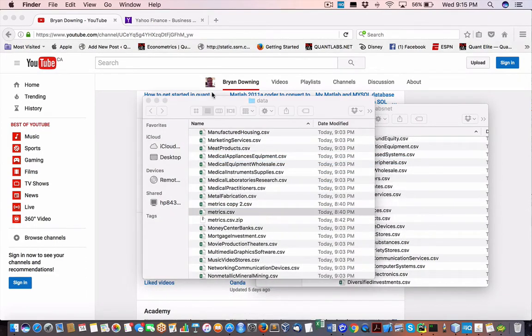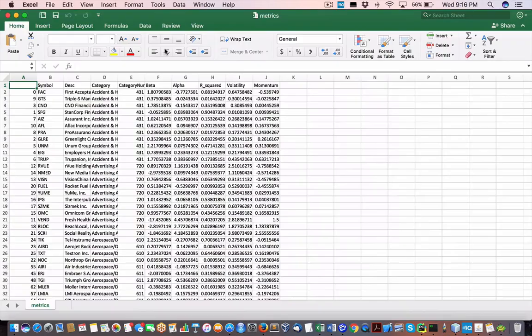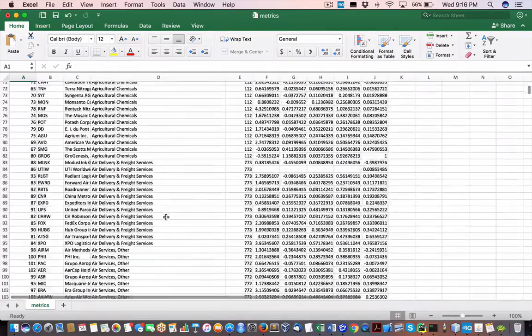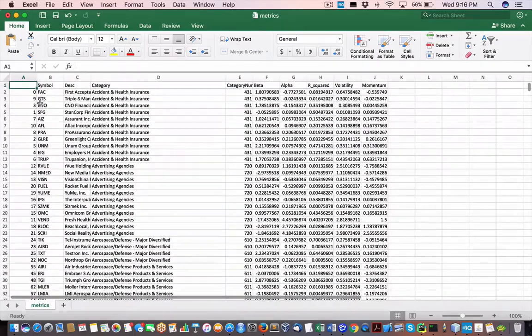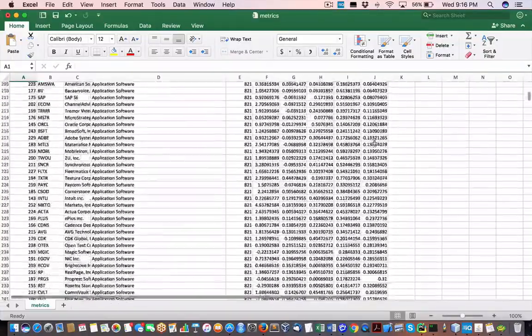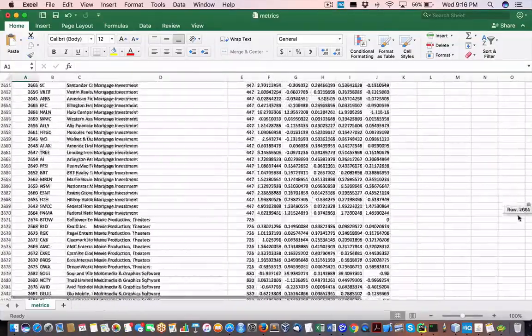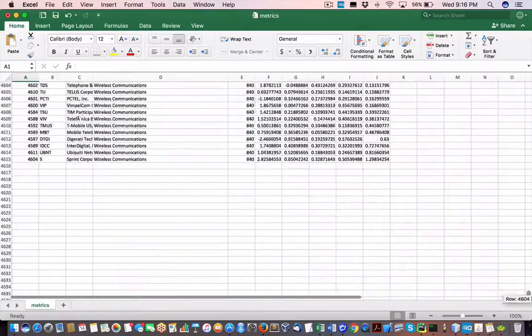So it's gone from 4,000 to over 14,000. I'm showing the same data. So here's the category, and all the way down, each of these stocks or symbols, as well as the full description I've added: the beta, alpha, R squared, volatility, and momentum for every single stock that you see here has been scanned for those stats.